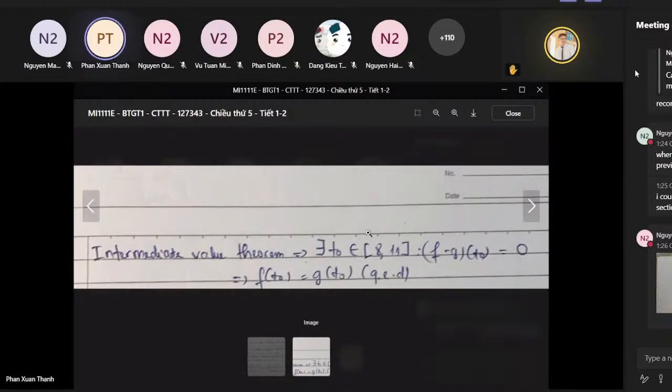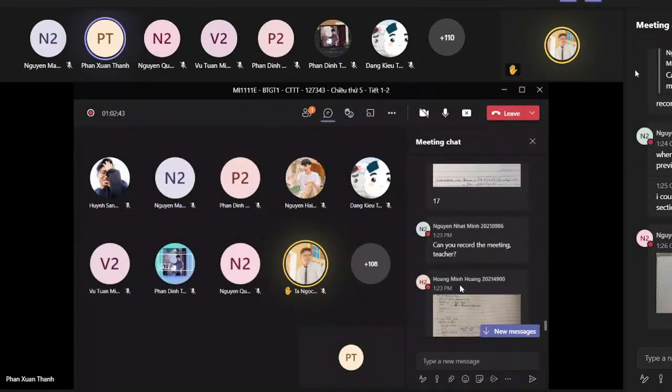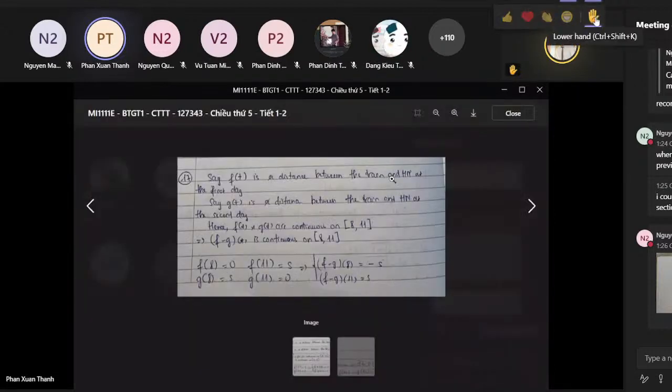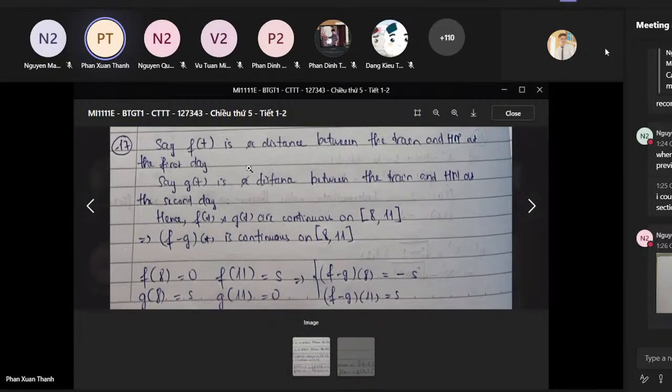Okay, so by the intermediate value theorem, f minus g... I'm sorry, it's this one. Let f(t) be the distance between the Chain and Hanoi. That's the first day. The second day.